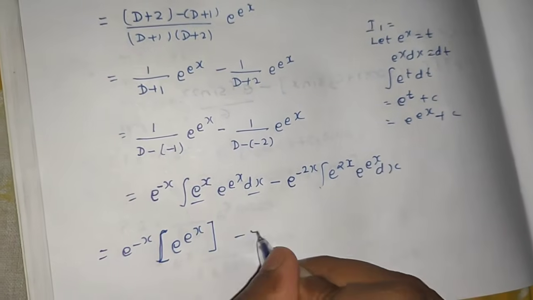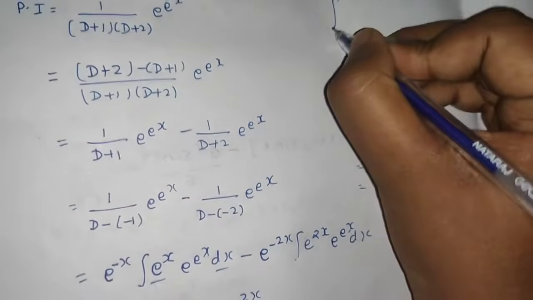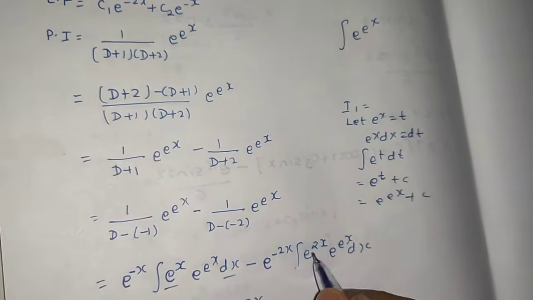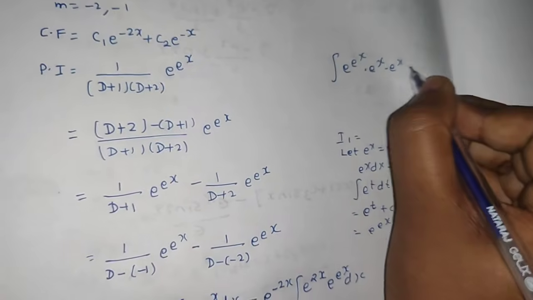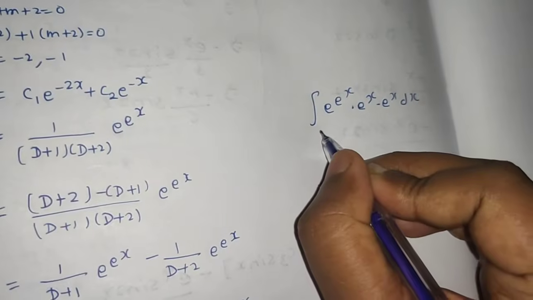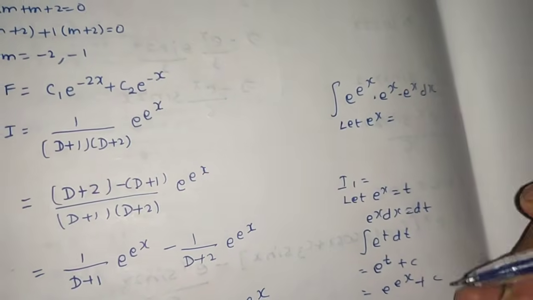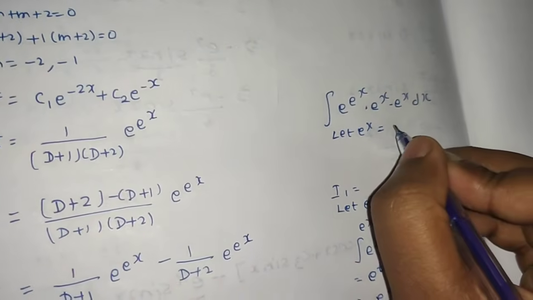Now coming to the second one, e power x as it is, and this e power 2x can be written as e power x into e power x dx. Now let e power x be u, because t was already assumed once in this problem.